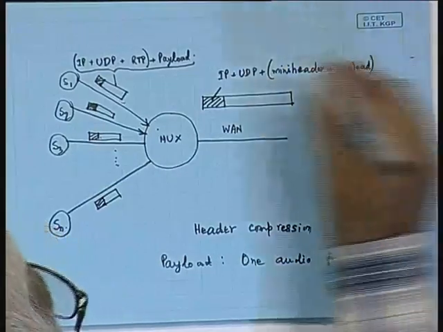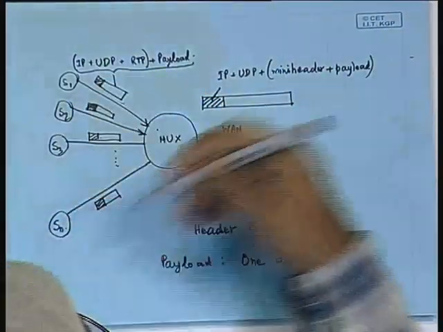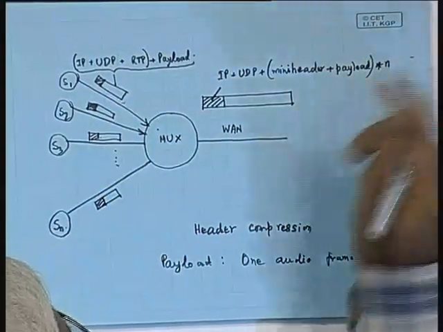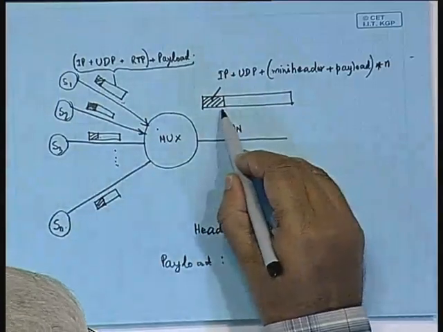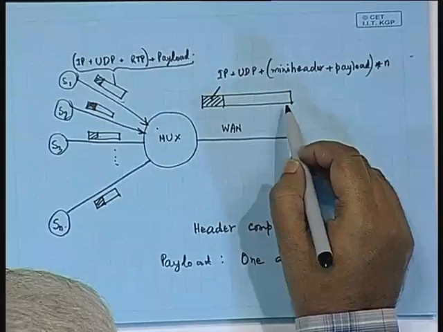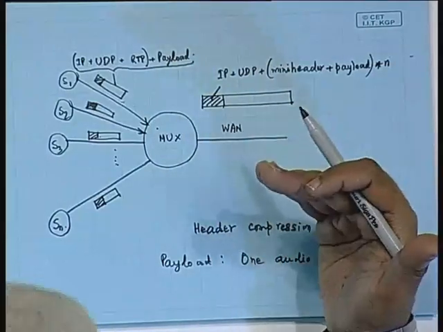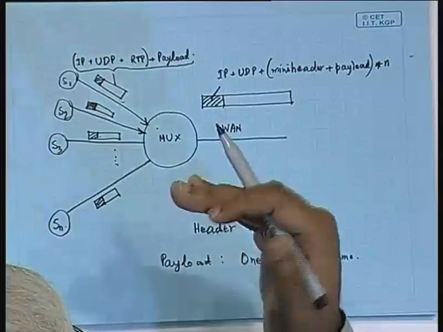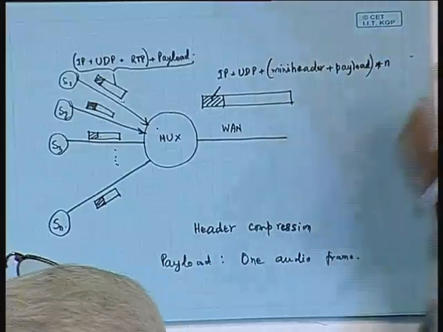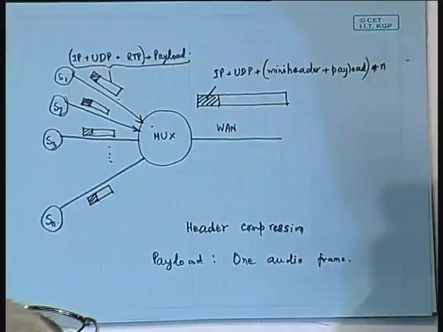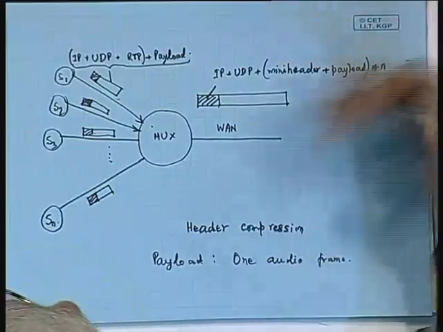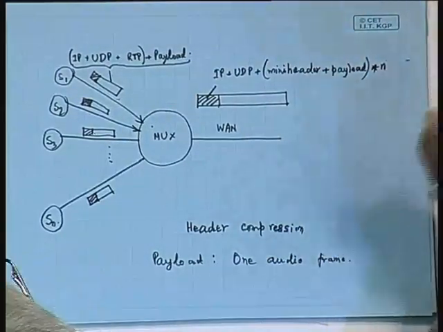And since we are having n number of such sources, it will be mini header plus payload multiplied by n. So, this will be what follows the IP and UDP, right. So, the data sequence will be first the IP header for WAN, UDP header for WAN, then mini header along with the payload for the first stream, mini header plus payload for the second stream, and so on up to n number of streams it will be there.